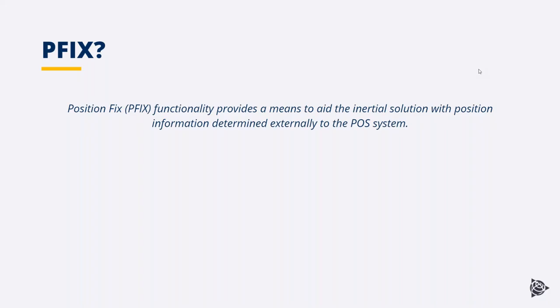So what is PFIX? Here is a quote from the PostBack manual. Position fix, PFIX, is a functionality that provides means to aid the inertial solution with position information determined externally to the POS system. In other words, we are bringing information about where our trajectory should be, which is not collected by the POS system, but is determined in some other way.